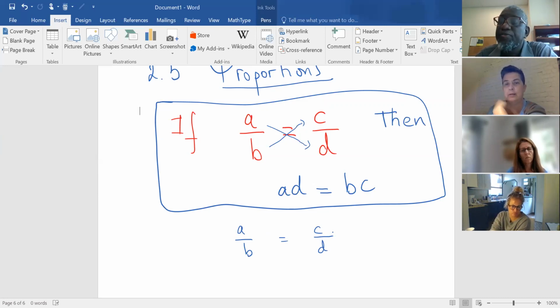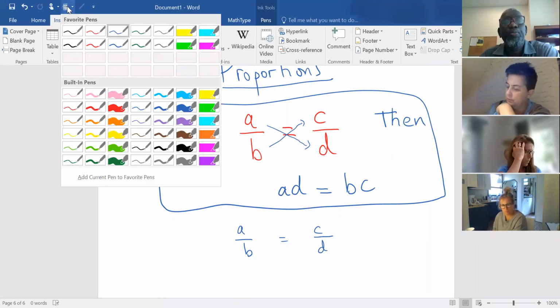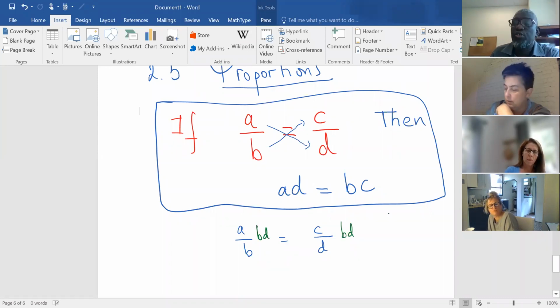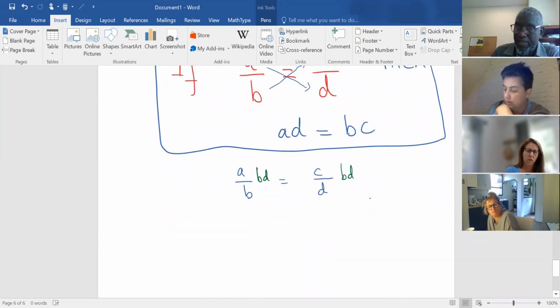What is the LCD? BD, right? Let me go and multiply by bd here and bd here, which I have the right to do, right? Every time you multiply a fraction, an equation, by the same thing, you have the right to do that.